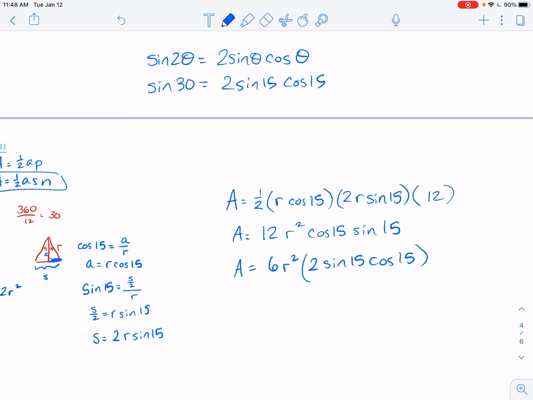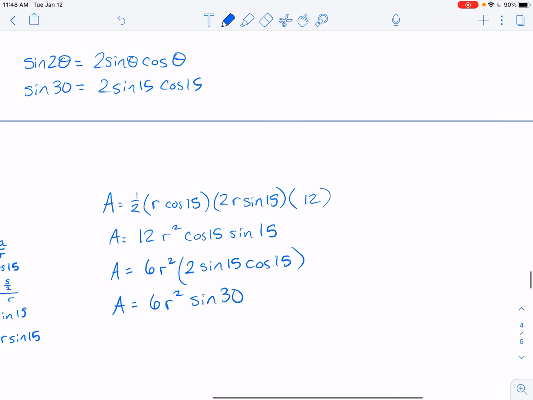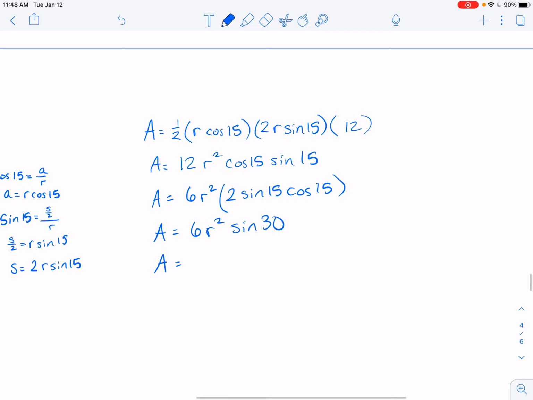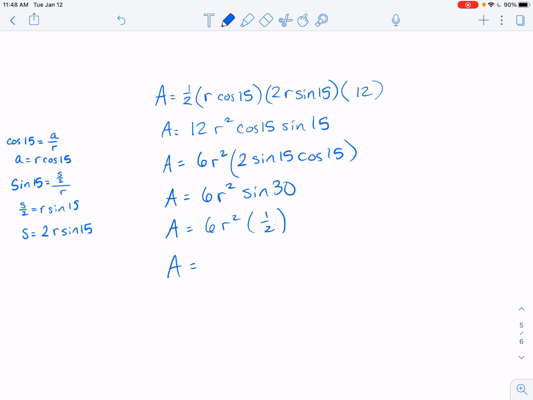I'm just too lazy to go find a calculator. So the area of each one of these is 6r squared sine of 30. Sine of 30 is equal to 1/2, so the area is 6 times r squared times 1/2, which is 3r squared.